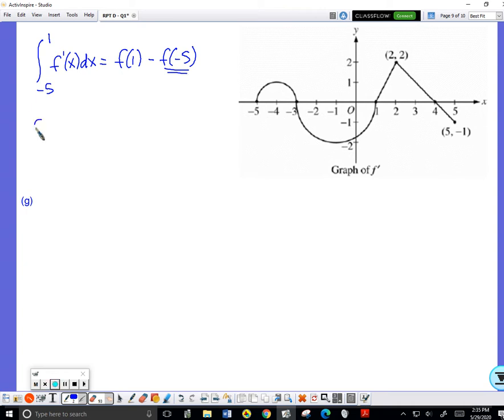Rearranging, I'm going to get f of negative 5 must equal f of 1 subtract the integral from negative 5 to 1 of f prime. So f of negative 5 will equal, f of 1 is 3 minus big parenthesis here.